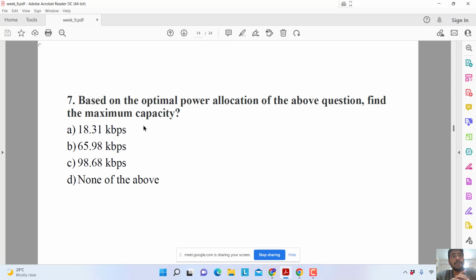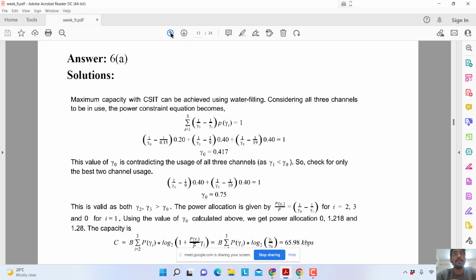The next question is also correlated to the previous one. Based on the optimal power allocation of the above question, find the maximum capacity. Now that we have allocated the power, we will calculate the maximum capacity, using the power allocation coefficients as we discussed in the last question.